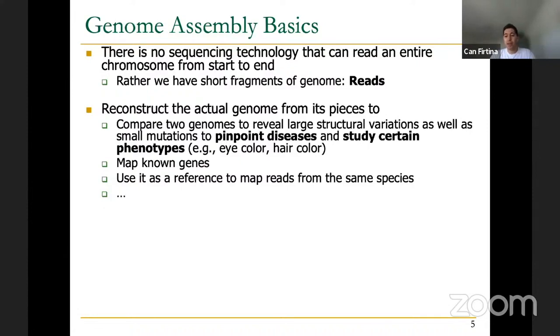Identifying those regions is very important so that we can focus on these regions to develop drugs and to perform gene editing, as is happening in recent years, etc. So it's really important to identify such regions. And we also want to map known genomes. We know, for example, in the human genome, there are certain genes causing certain effects.